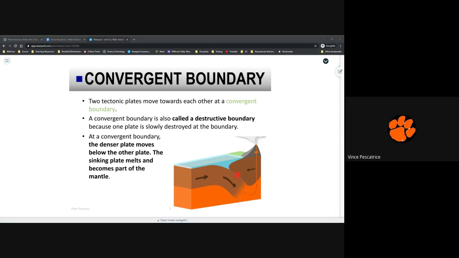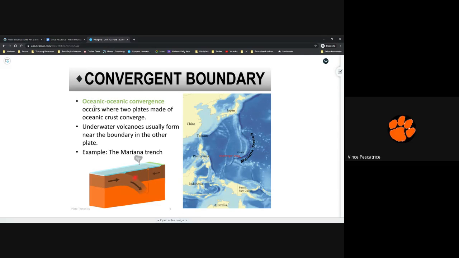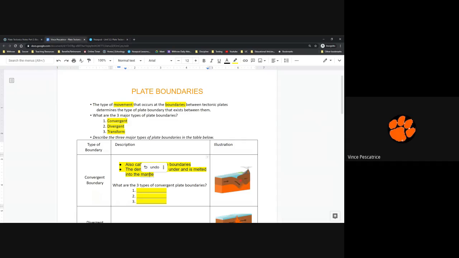Get ready to move on. All right. So this is the first one on those three lines. Man, I got something in my throat today. So the first one is oceanic convergence. So that one goes here.